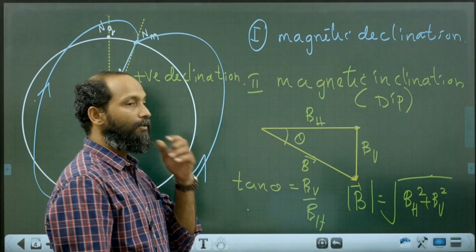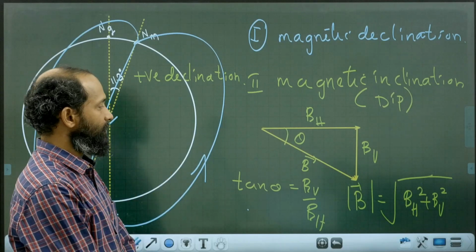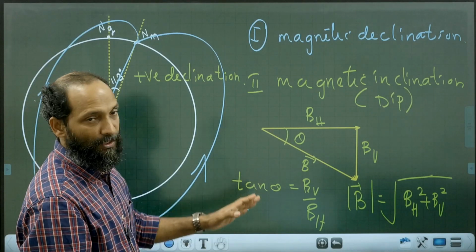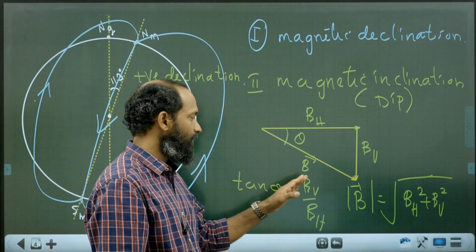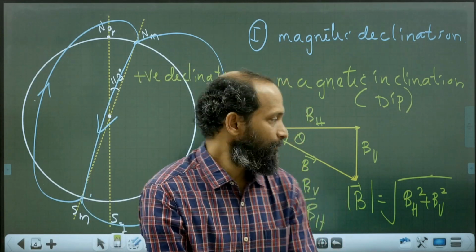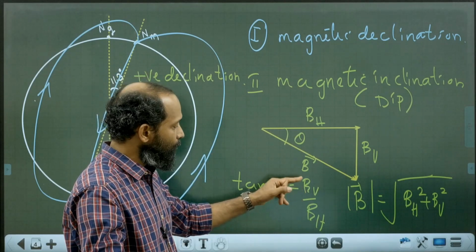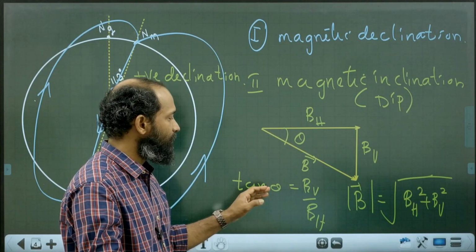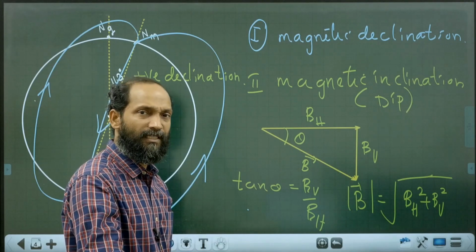If theta is 45, tan 45 is 1, so BV equals BH. If BV equals root 3 times BH, theta happens to be 60. All that is true dip, right?